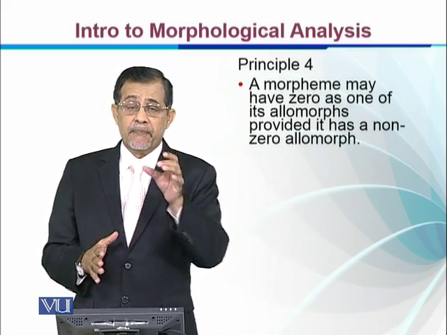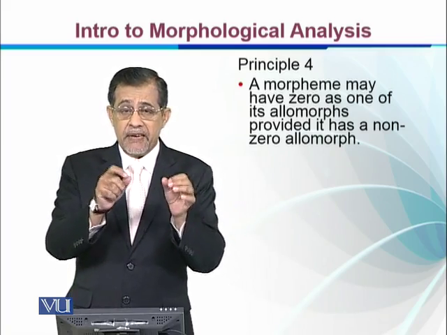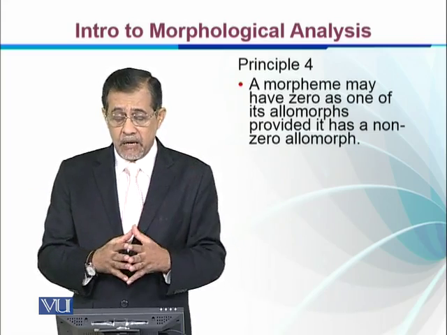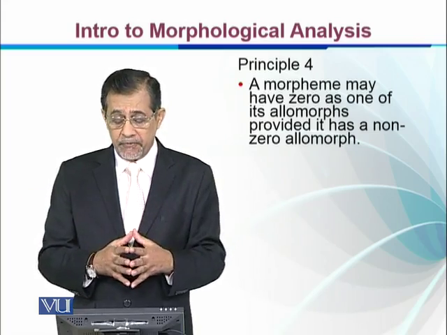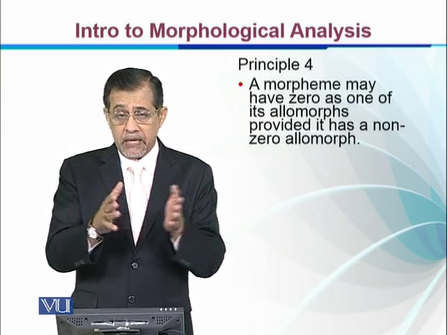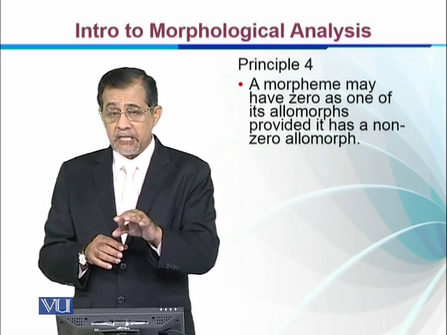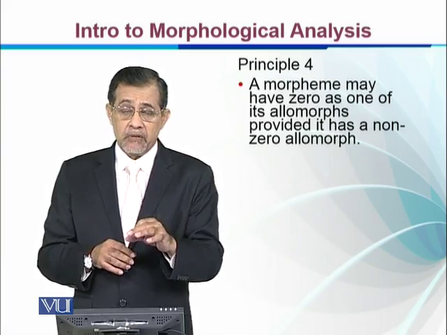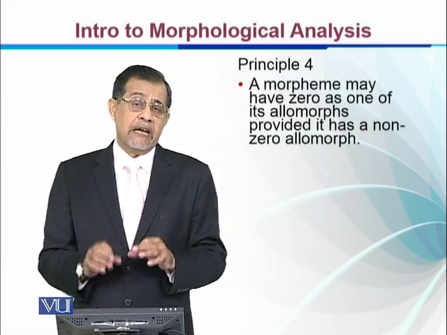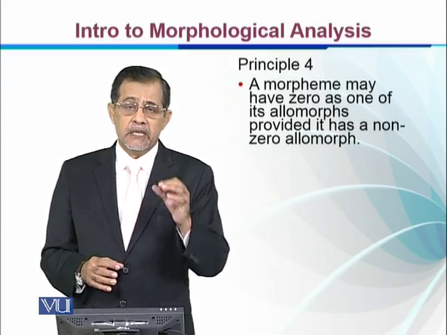That means that in English we have s or z as allomorphs of the plural morpheme, and we have a zero morpheme with words like fish and deer. So zero morpheme exists because it has a contrast with other allomorphs. If a language does not have a contrast with other morphemes, it cannot have a zero morpheme.